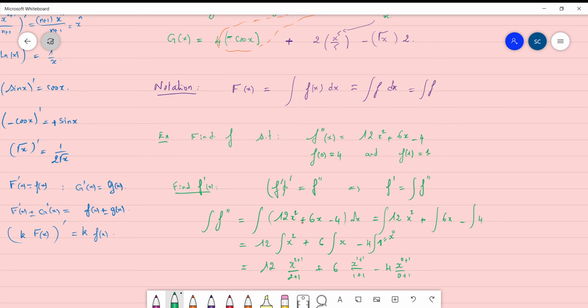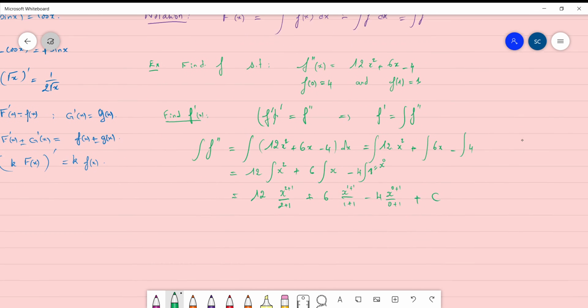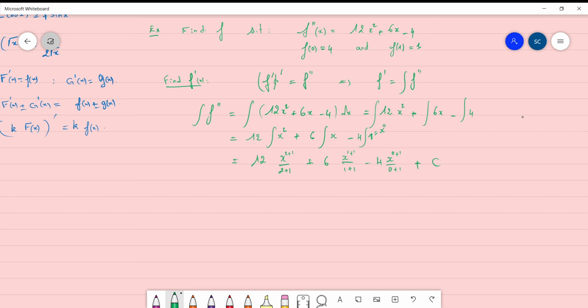And we said all the antiderivatives differ by a constant, so let's add a constant C. So finally I have 12 over 3 is 4, x^3, plus 6 over 2 is 3, x^2, minus 4x, plus C.